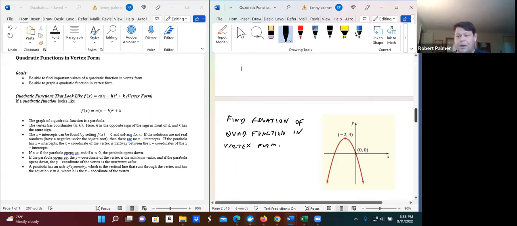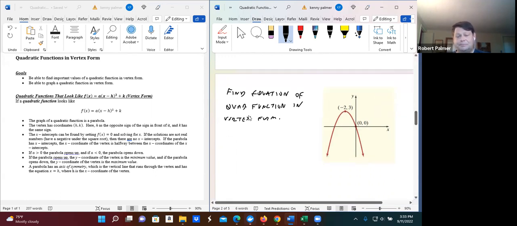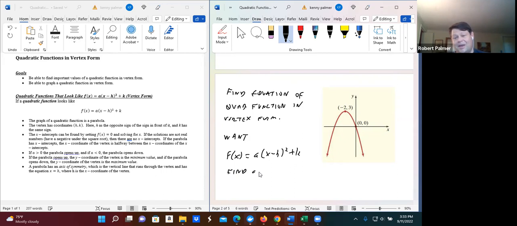Okay, so let's pick out a few things we can see. What we want is something that looks just like this: f(x) is equal to a times (x minus h) squared plus k. That means what we need to do is find a, h, and k.